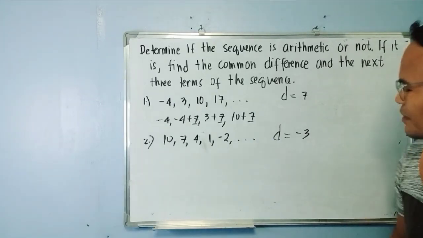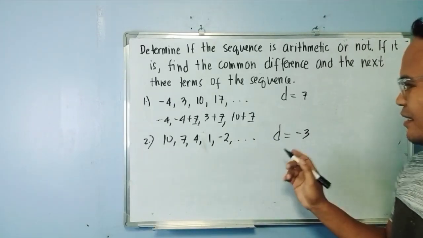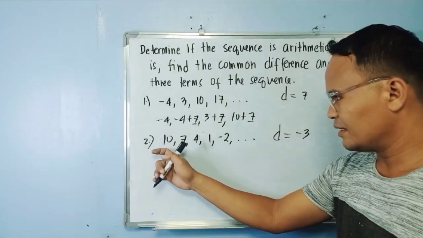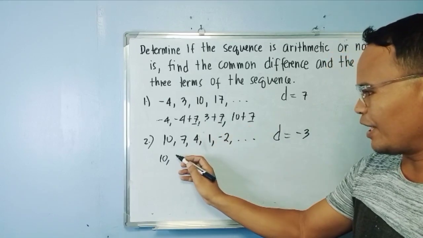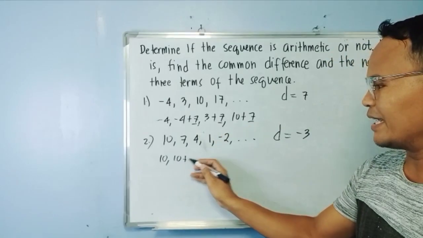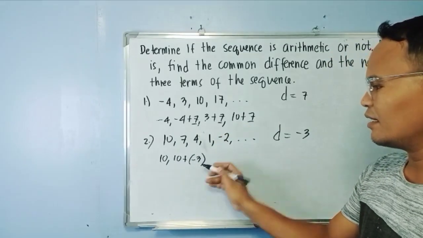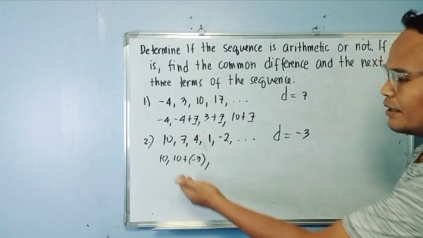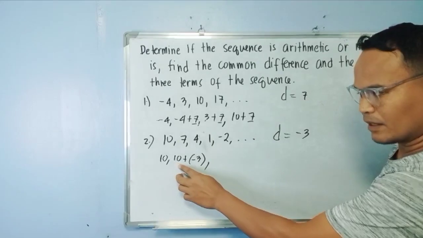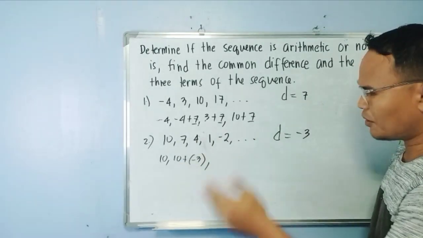Okay, how do we know that we added negative 3 to each term? As you observe, 10 is the first term. If we added 10 by negative 3, the result is 7. Because, is it negative 13? No. Is it 13?